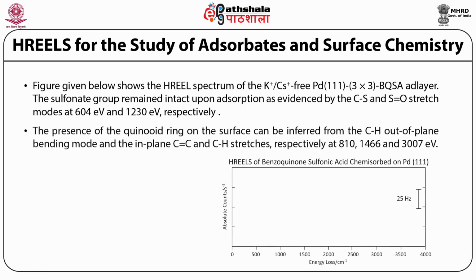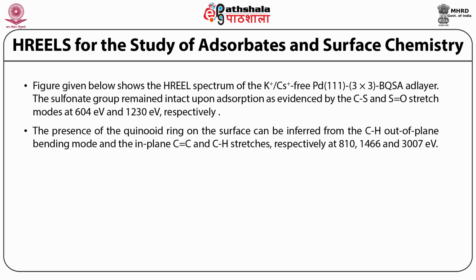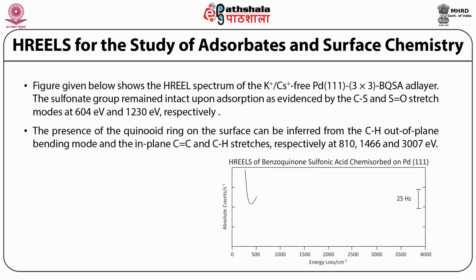The presence of the quinoid ring on the surface can be inferred from the CH out-of-plane bending mode and the in-plane C=C and CH stretches, which are given at 810, 1466 and 3007 milli-electron volts respectively.